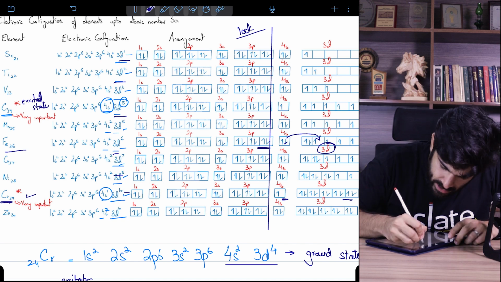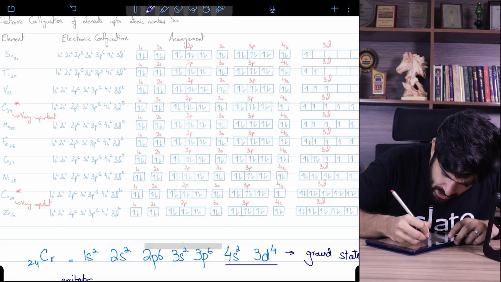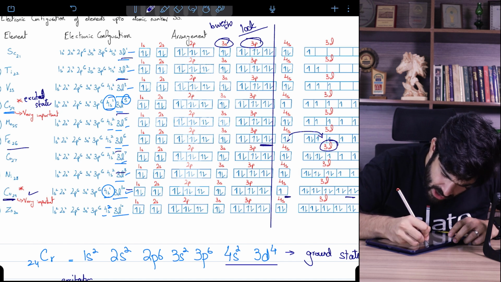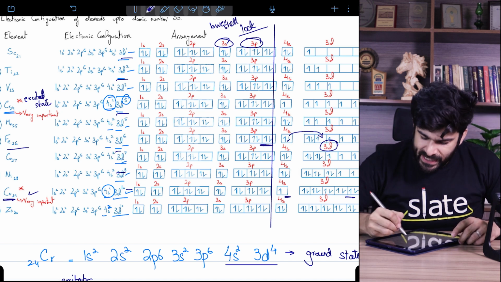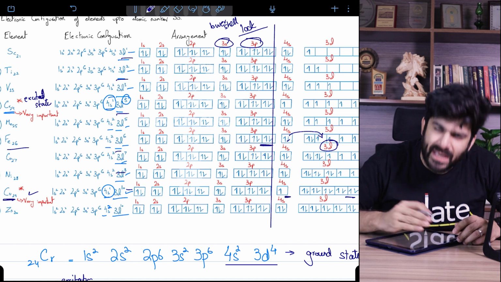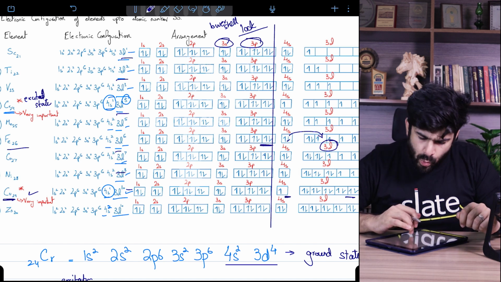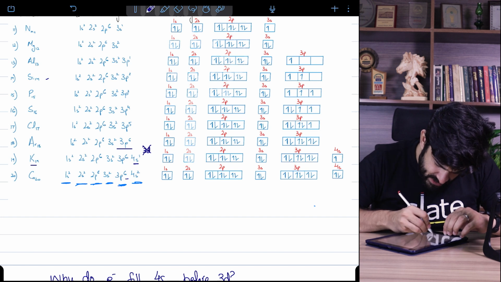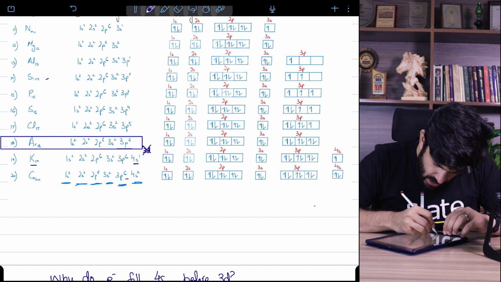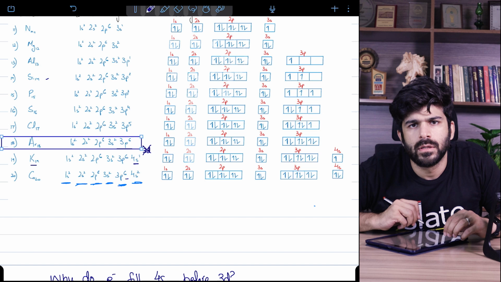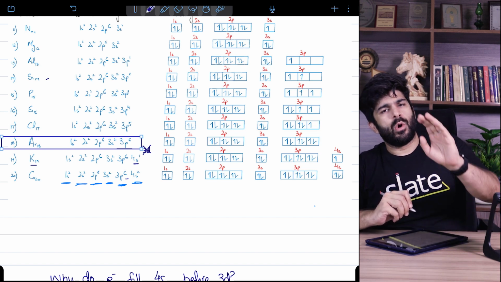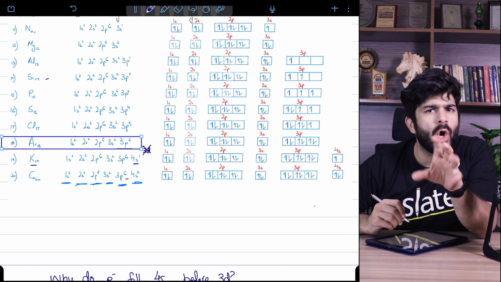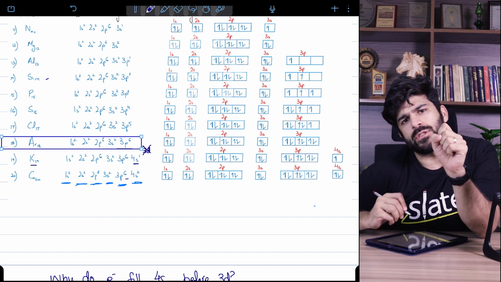Because, A, these are a part of a lower shell. But most importantly, they are all 3p6. Where did we see 3p6? We saw 3p6 for argon. So for noble gases, once we reach the noble gas configuration, we cannot remove further electrons.